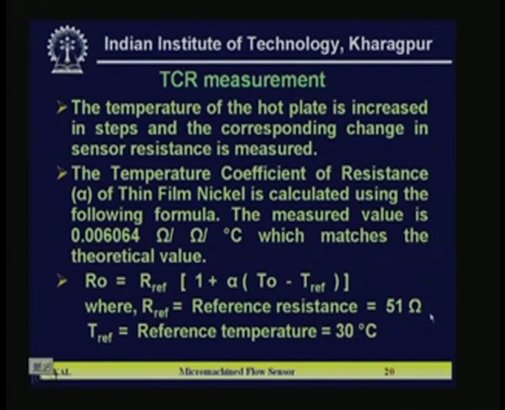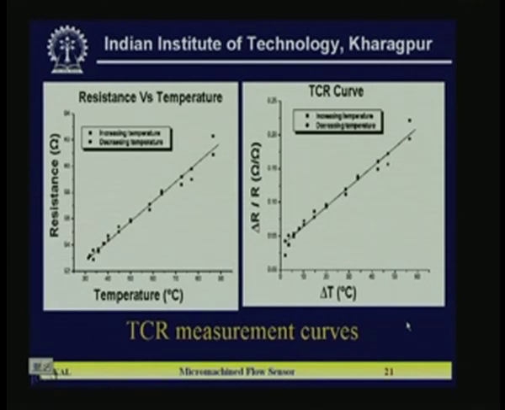Now, these are the measured values of resistance versus temperature, and here you see we have measured for both increasing and decreasing temperature. When you increase the temperature, you can see the resistance value increases, as it is a metal, isn't it?